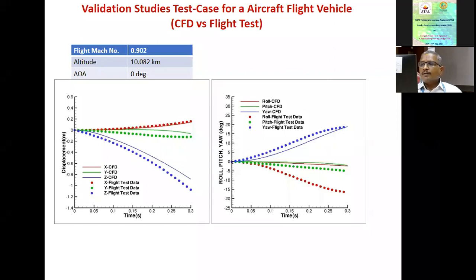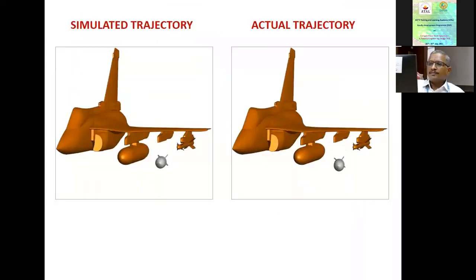So these are some of the comparisons. I think I'll just show you this slide. This is one test case. You can see both look very similar, but one is the CFD simulation and one is the actual flight data. You see the power of mesh-free.